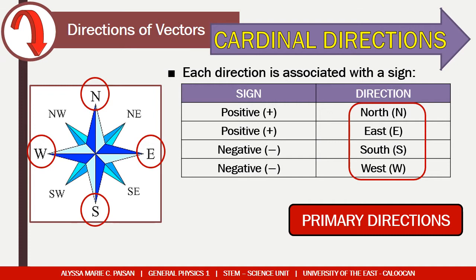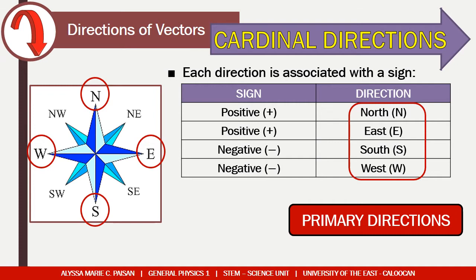In vectors, the positive and the negative sign only tell you the direction. And in a specific given, if the direction of the vector is going to the positive direction, the numerical value should have the positive sign rather than the direction. And if it's going to the negative direction, we should indicate in the given the negative sign.